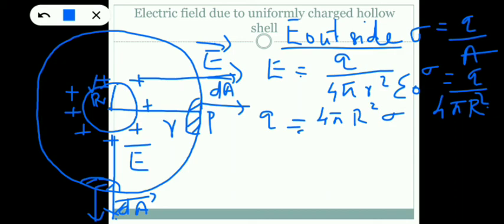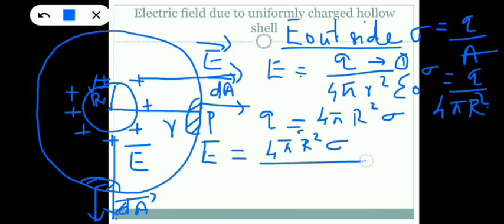Now substitute this expression for Q in this equation. Let it be equation number 1. So what will you get? Electric field intensity E is equal to, what is Q? Q is 4 pi R square sigma divided by 4 pi small r square, and also epsilon naught is here. Then 4 pi cancels. So what is left?